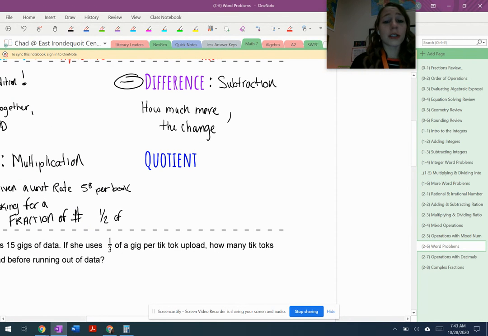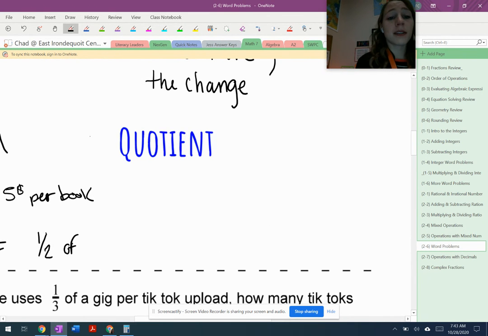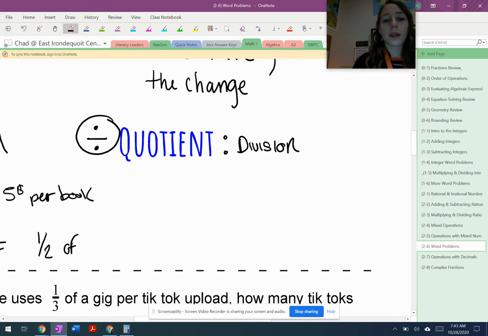And then our quotient, last but not least, would be that division. And quotient, you're going to use division when you are finding a unit rate. Which makes sense because division is the opposite of multiplication.